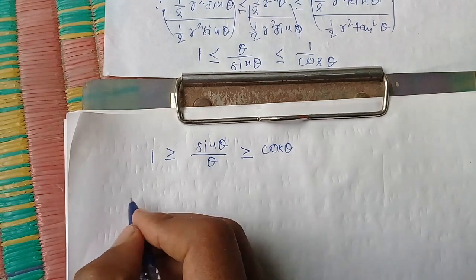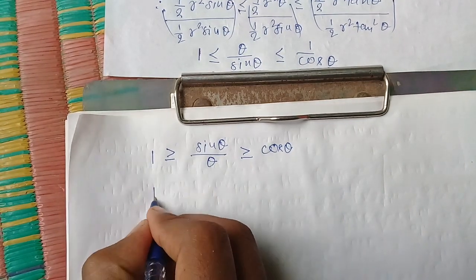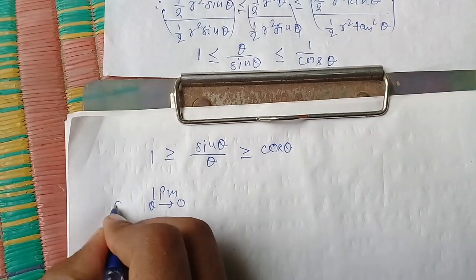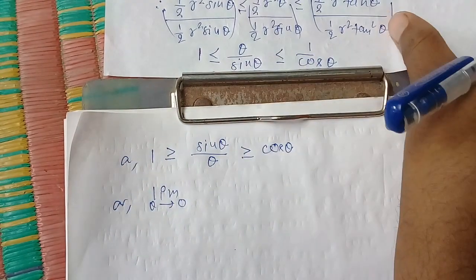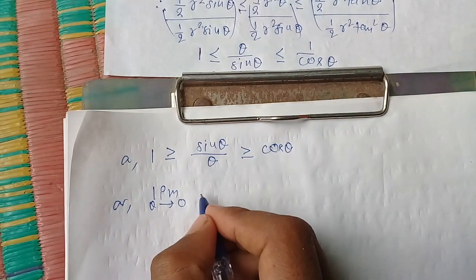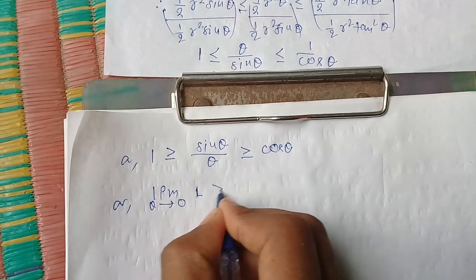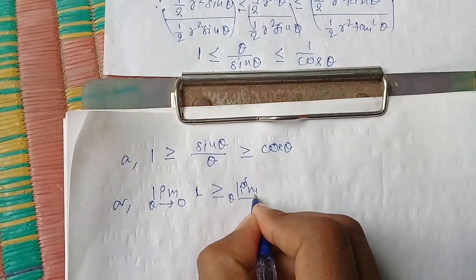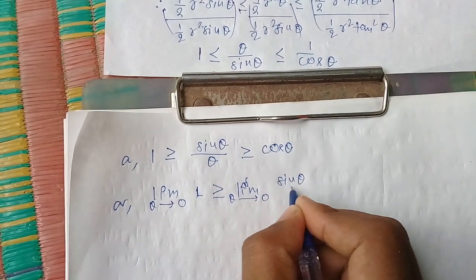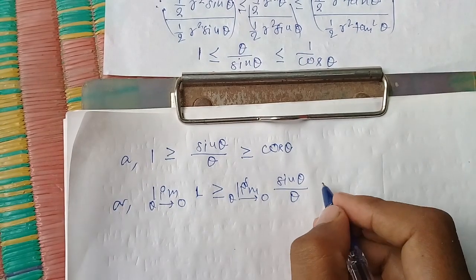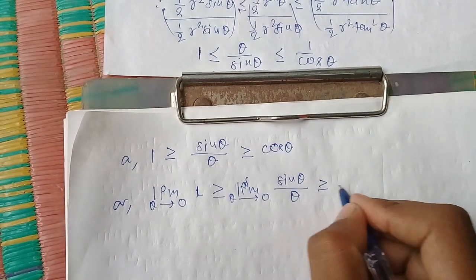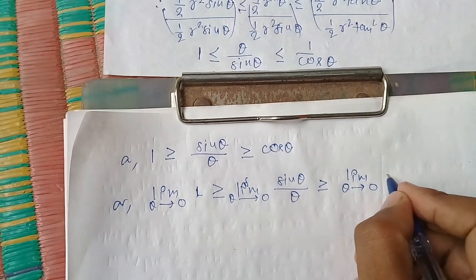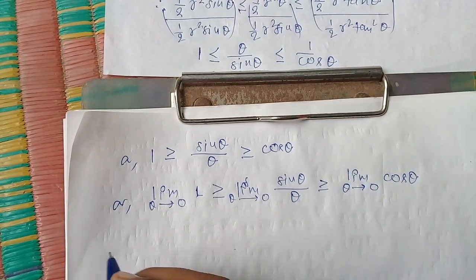Now taking the limit as theta tends to 0: 1 is greater than or equal to the limit as theta tends to 0 of sin theta divided by theta, which is greater than or equal to the limit as theta tends to 0 of cos theta.